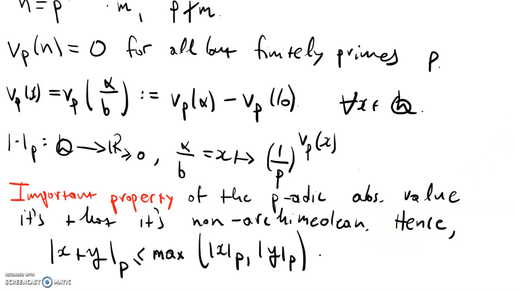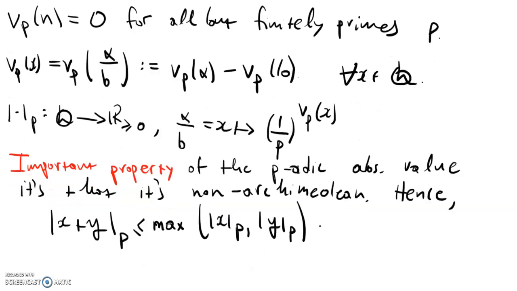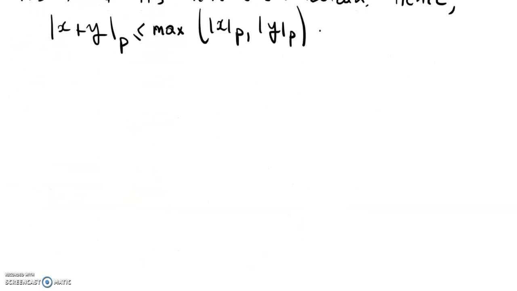Now that we recalled how to define the p-adic absolute value on Q for every prime p, let's prove the theorem, which is actually not that hard.